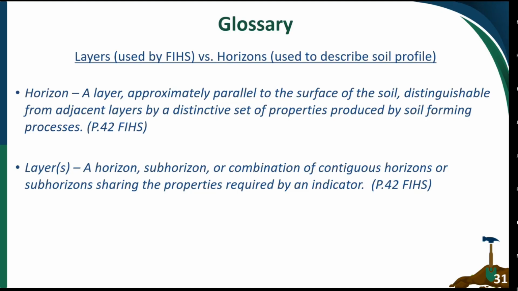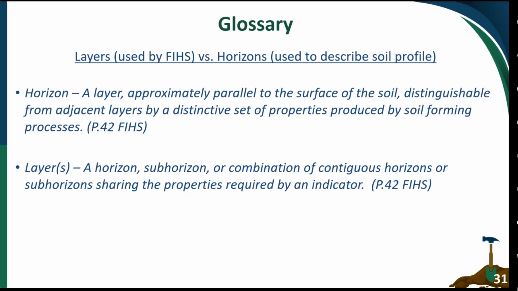So examples could be an Ap, a Btg, an E horizon. A layer is defined as a horizon or subhorizon or combination of contiguous horizons or subhorizons. And here's the key part, sharing the properties required by an indicator.